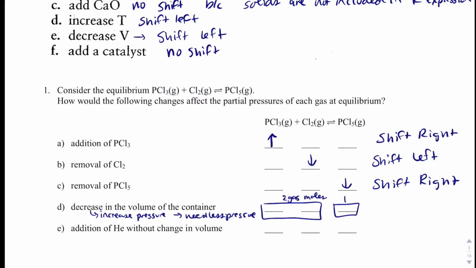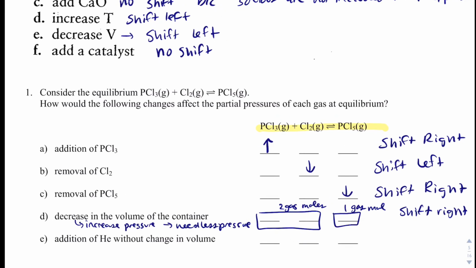This side has 1 gas mole. And so we need to shift to the side that has less pressure, so this will shift right. If we add helium without changing the volume, nothing in our reaction changes actually, because helium is not part of our reaction, so this would be no shift.